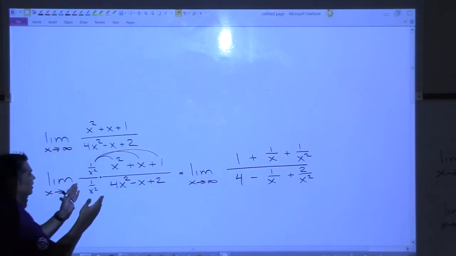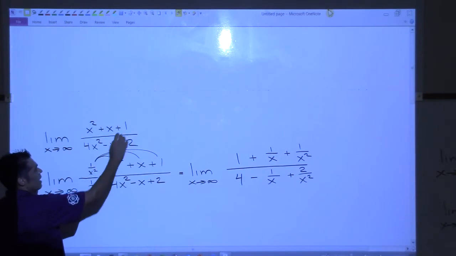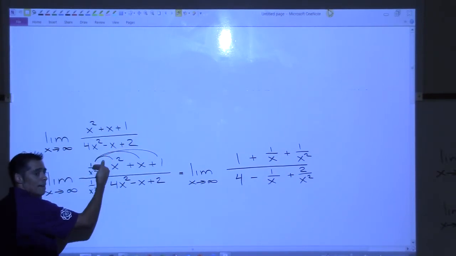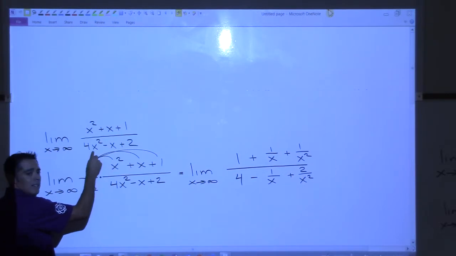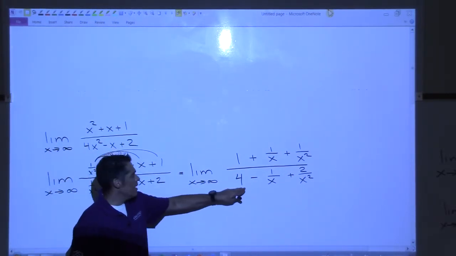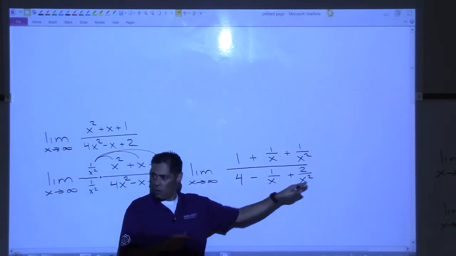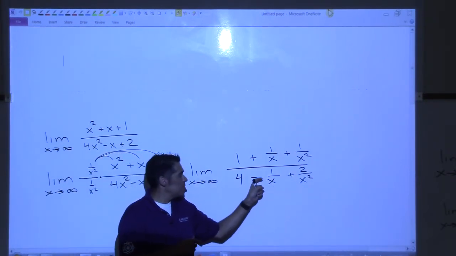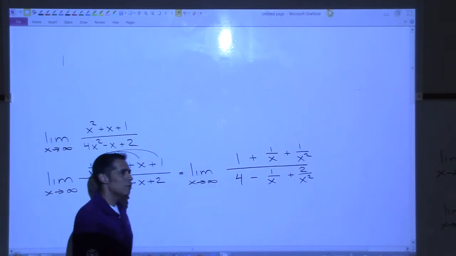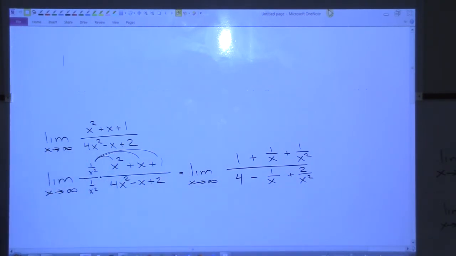And if we go back and look at the original problem, if I look at the highest power here and divide by it, then I know I'm going to get at least one term that's a number, right? 4. And then everything else, because these are lower powers, should be some sort of fixed over infinity. Yes? Now, why only worry about the denominator, not the numerator?